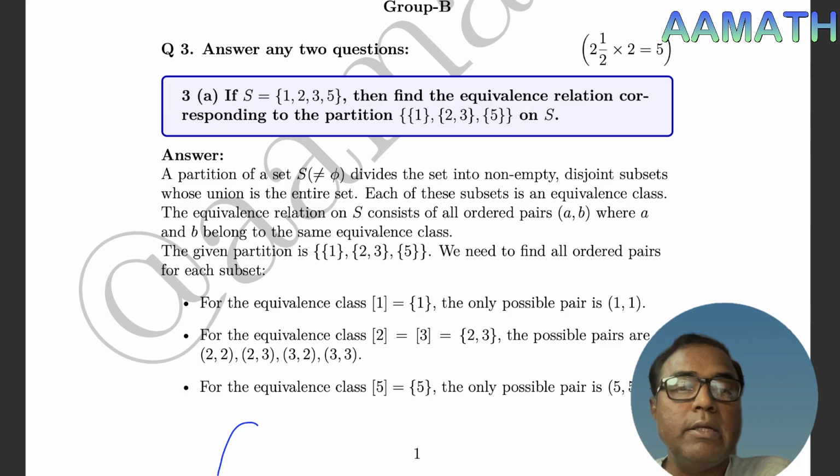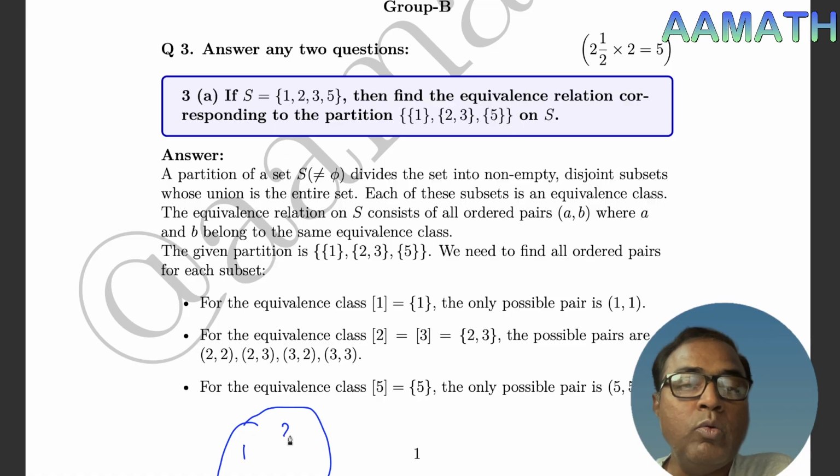So, this is the set S: this 1, this 2, 3, and this 5. This set is S.